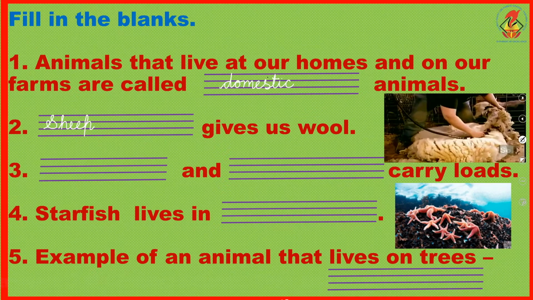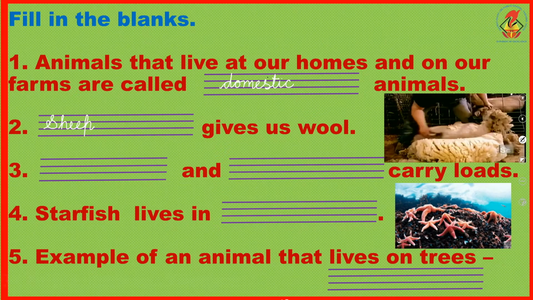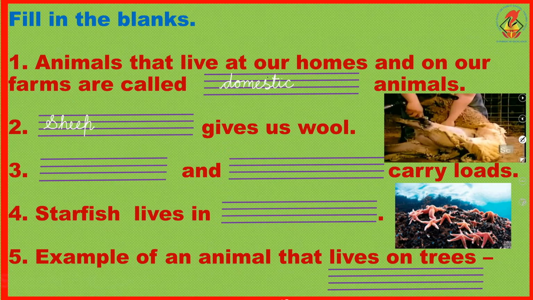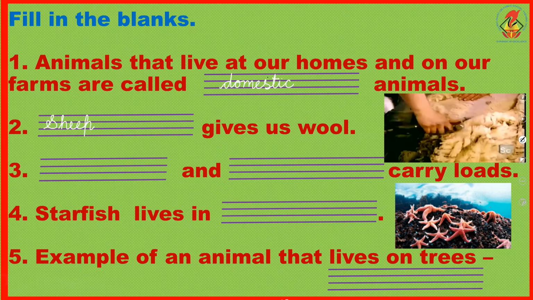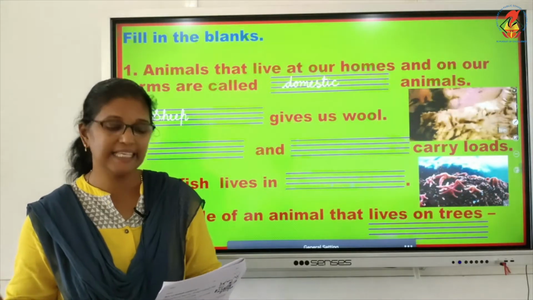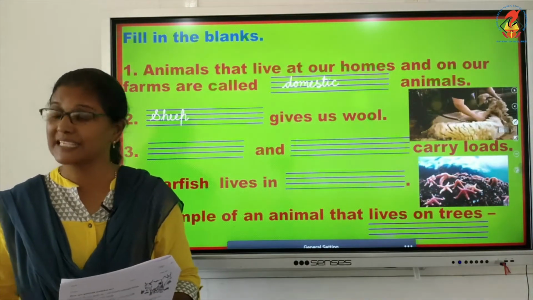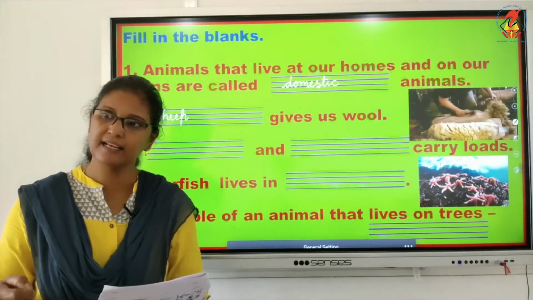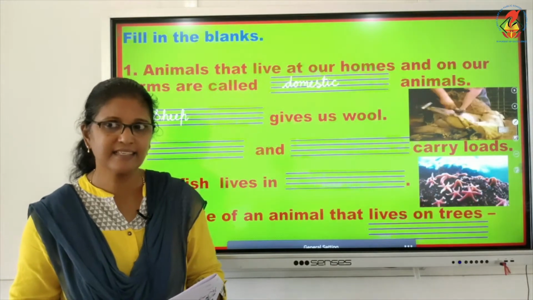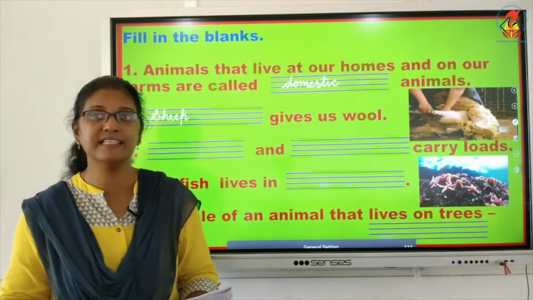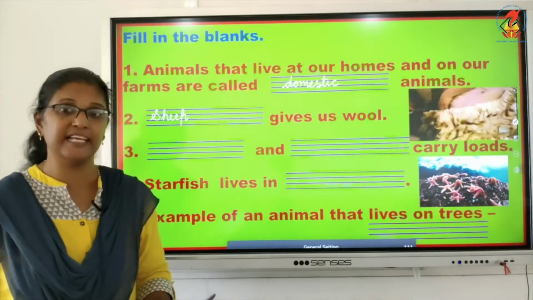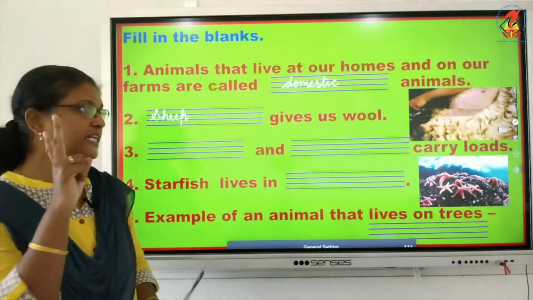Coming to the third one. Dash and dash carry loads. Who carries loads? Yes. Donkey? Yes. Camel? And anything else? Yeah, elephant. So many animals are there which carry loads. But we need to write only 2.